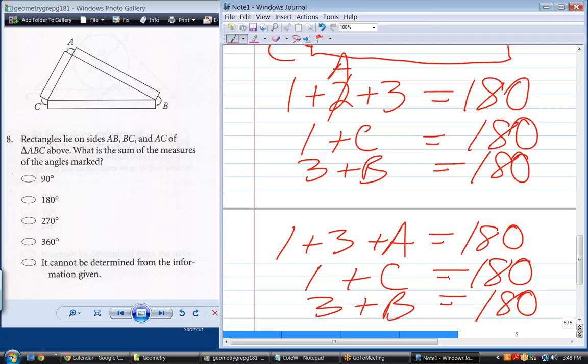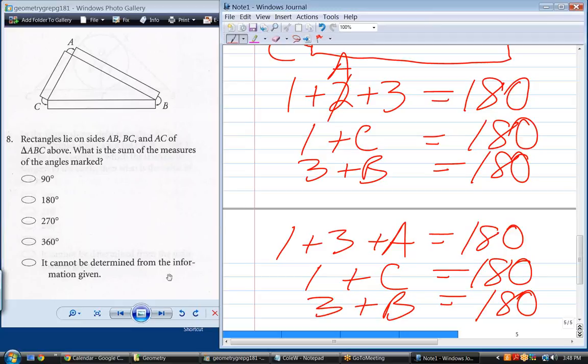But in fact, 1 is unknown, 3 is unknown, and A is unknown. So we really have 5 unknowns and 3 equations. So I'm doubting we can solve for that. So you're probably right. It cannot be determined.